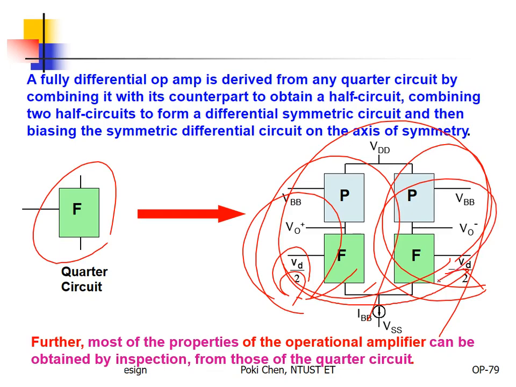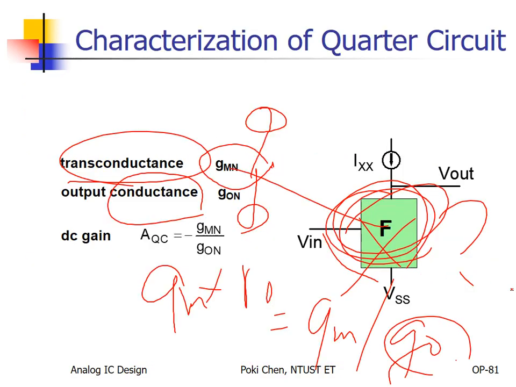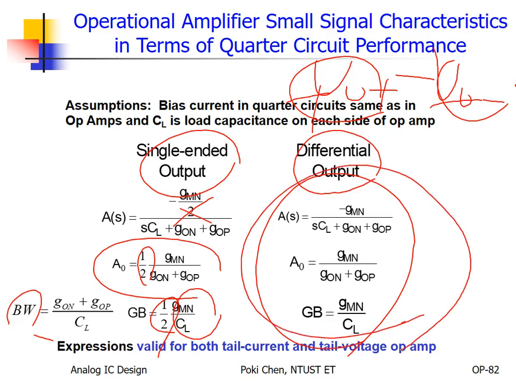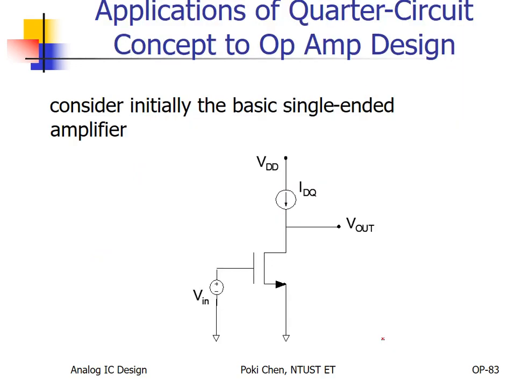But you apply positive input here and negative input there, so the sign will be reversed. According to symmetry, left and right should be the same. That is the overall gain and bandwidth product, the gain bandwidth product.